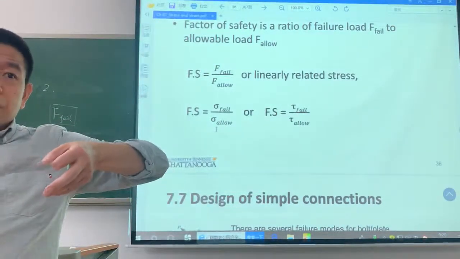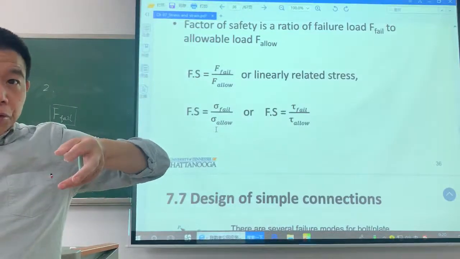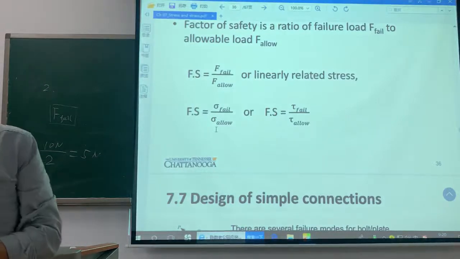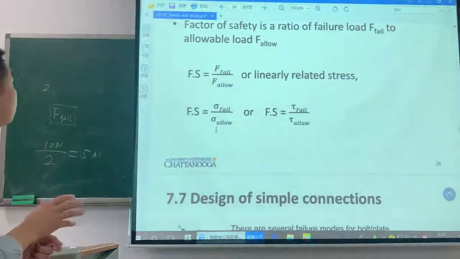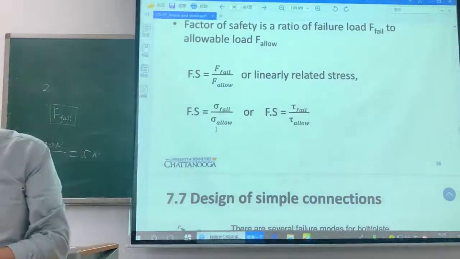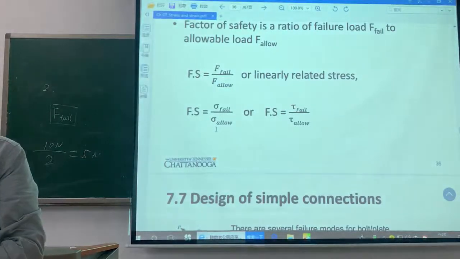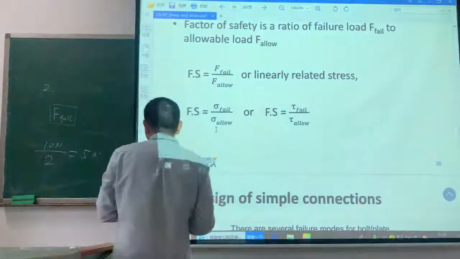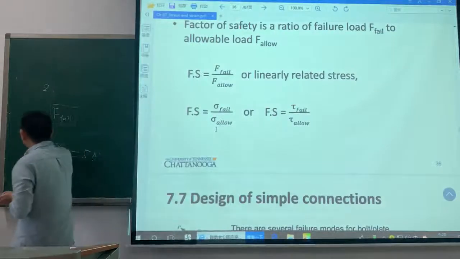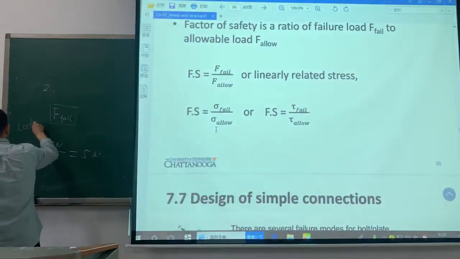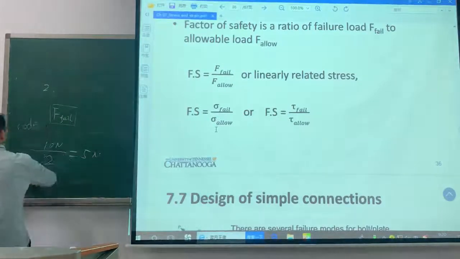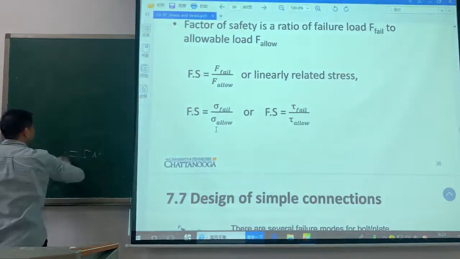Maybe we have to hold a lot of meetings to determine it. In practice, when the factor of safety is determined, not everyone can change it. It is determined by code. It is the factor of safety.